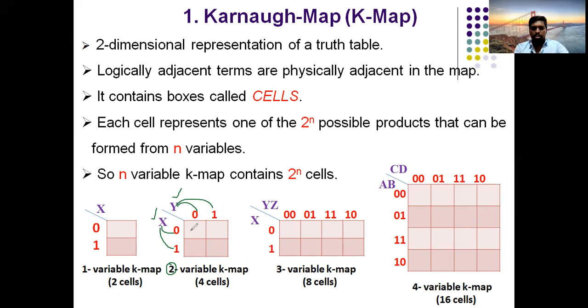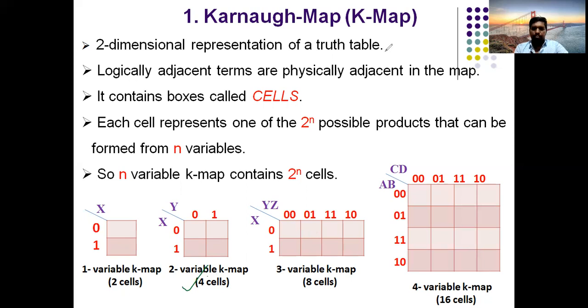Therefore, this particular cell is the combination of this row plus this column. Like that you can analyze the working of this. This is how to draw a two variable K-map. You can call this a two variable K-map or 4 cell K-map. Why? Because we are having 4 cells here.